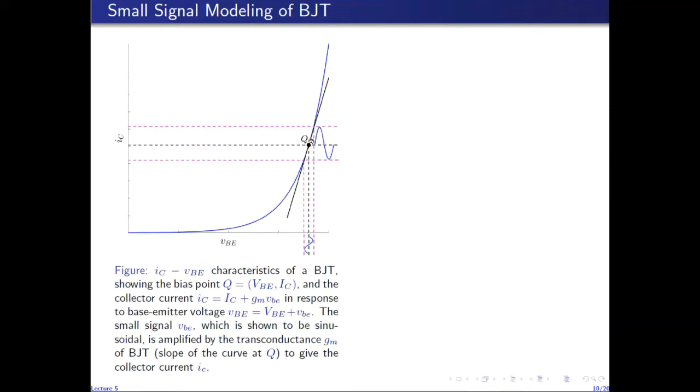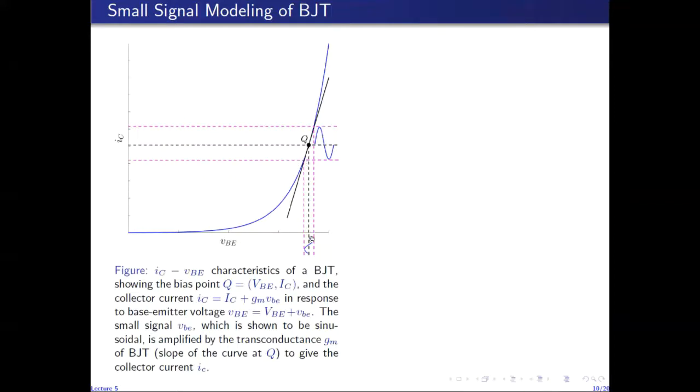So the instantaneous point on the curve moves up to this point, marked by the dotted pink line. And when the output collector current swings in the negative direction, corresponding to the negative swing of the input voltage, the instantaneous point moves down the curve to this point, which is again marked by the dotted pink line.